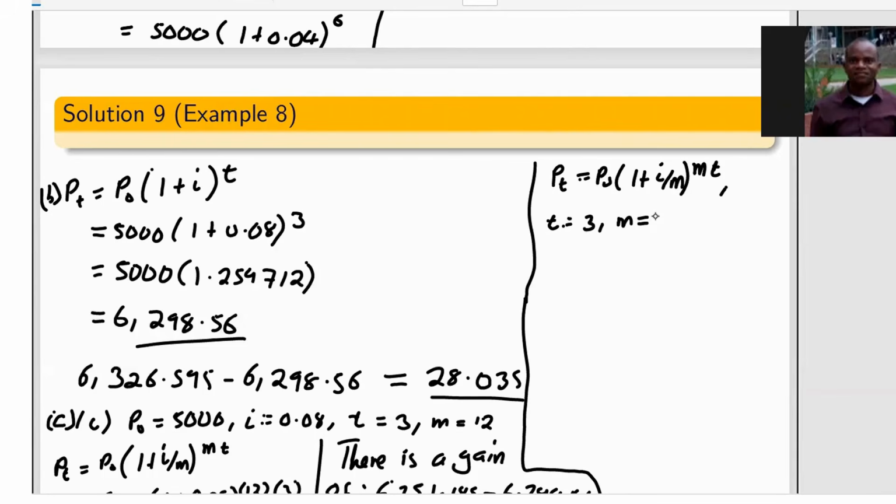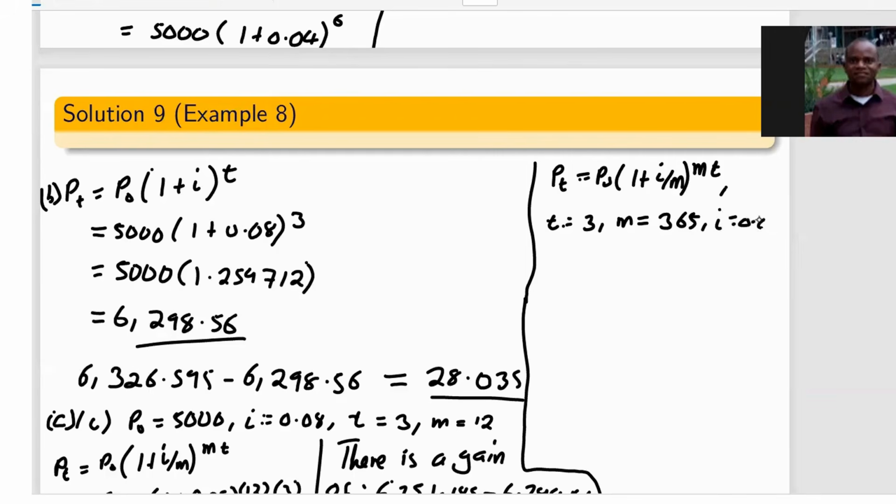Because this is compounded daily, and there are 365 days in a year. I remains the same, I is equal to 0.08. So if you substitute these parameters into our formula, we're going to have PT is equal to 5,000, then 1 plus I is 0.08 divided by 365.